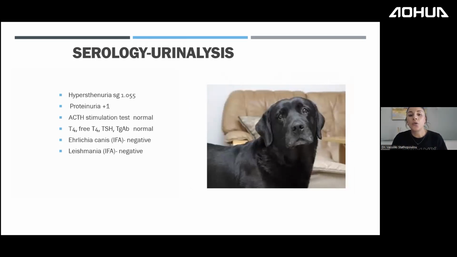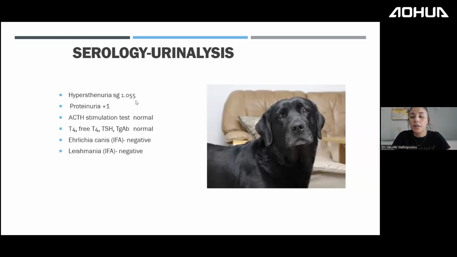The urinalysis and the rest of the serology: hypersthenuria, the dog was dehydrated actually, and proteinuria +1. Do we evaluate +1 proteinuria when we have such a high specific gravity? Do we? No, we don't.